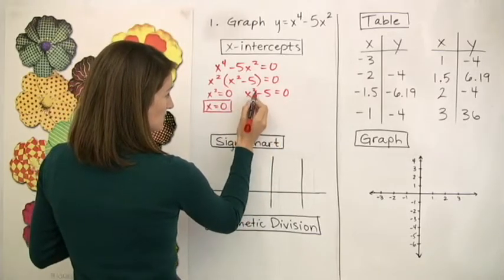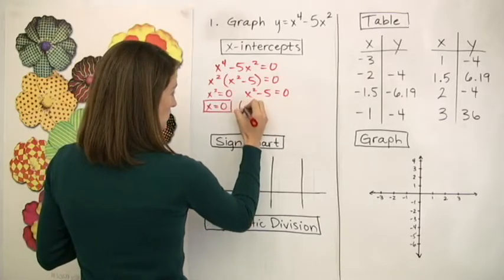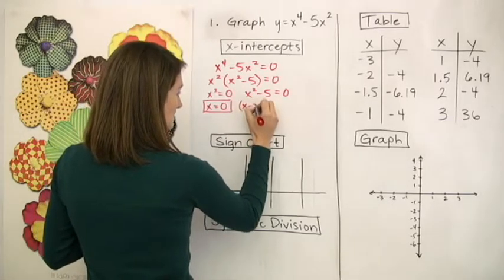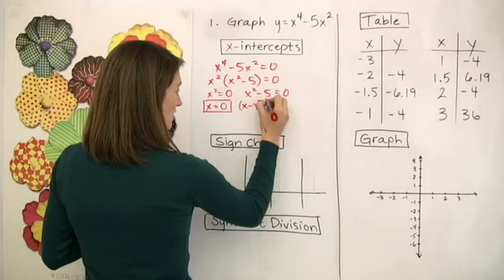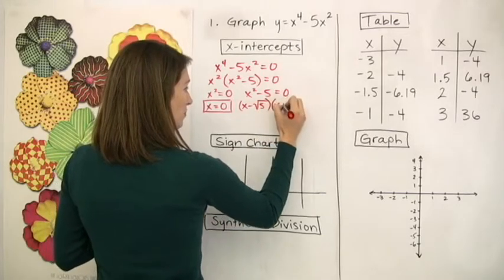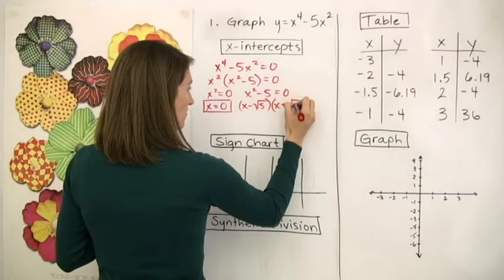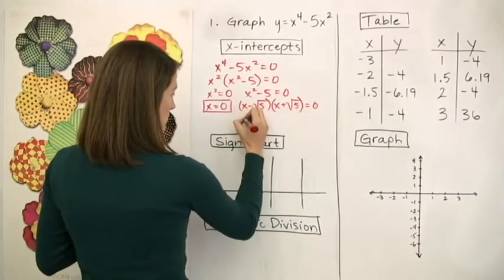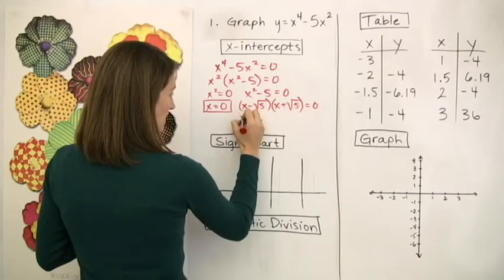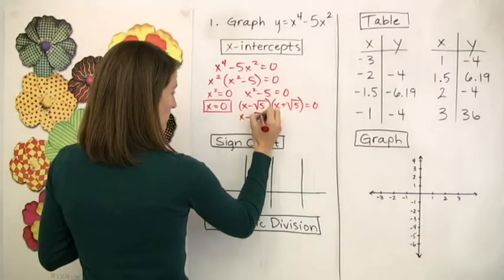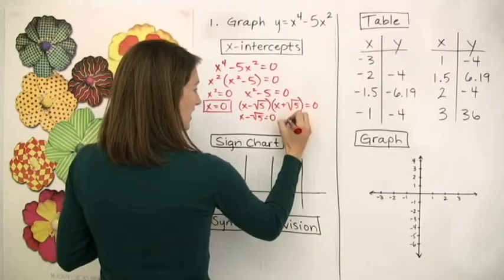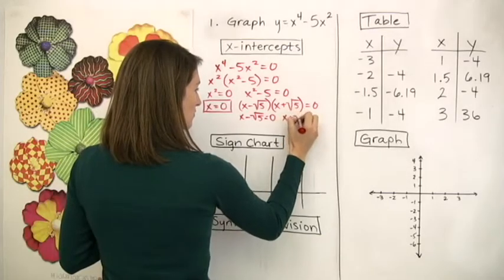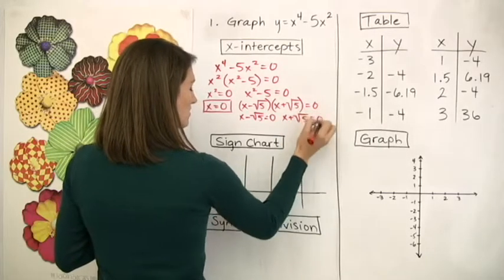We can factor x squared minus 5 into x minus the square root of 5 times x plus the square root of 5, that's equal to 0. And then you set both of those equal to 0, which is x minus the square root of 5 equals 0, and x plus the square root of 5 equals 0. Solve for x.